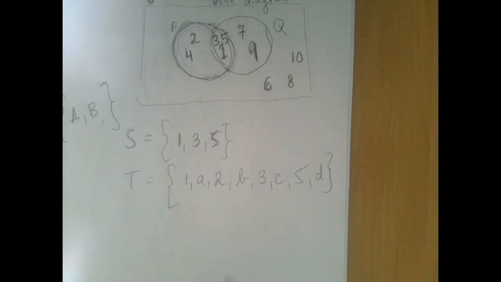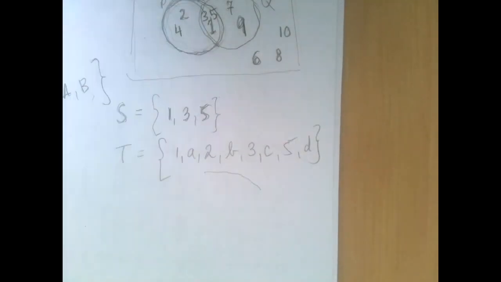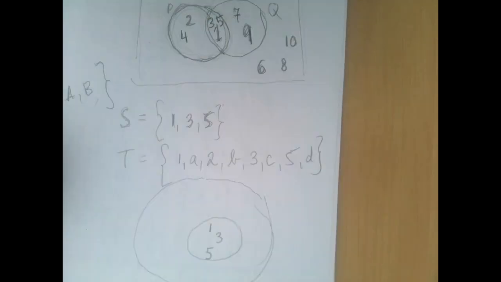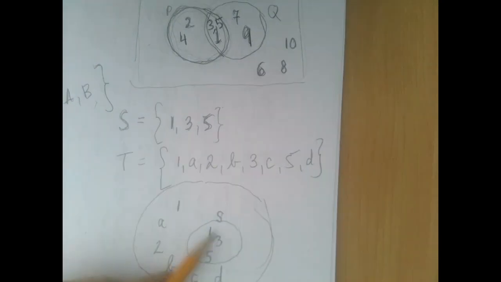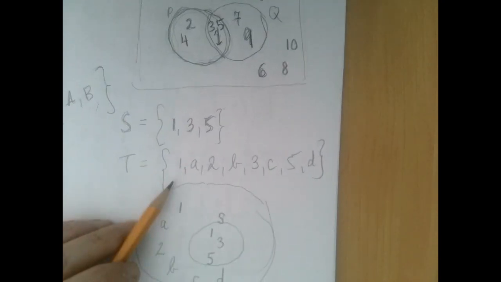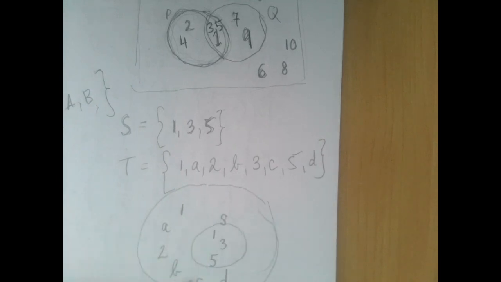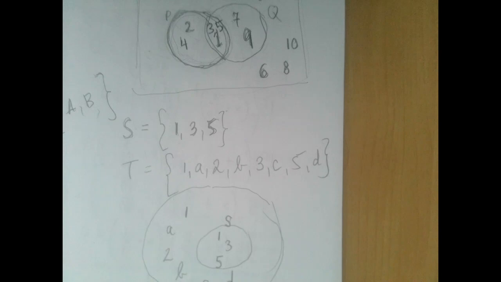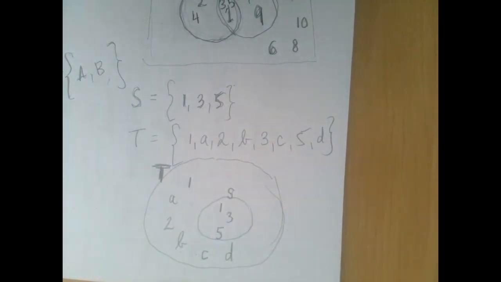Now, this is not going to be a Venn diagram, but it is possible to draw a picture of T that includes S. The set S is 1, 3, and 5. The set T is 1A, 2B, 3C, 5D. So this is a correct graphical representation of these two sets.